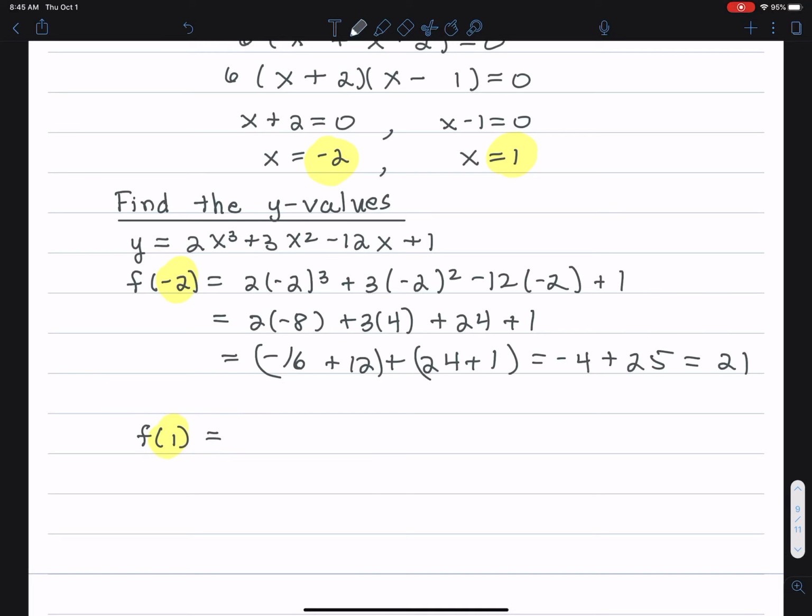Okay. So I'll have 2 times 1 to the 3rd power, plus 3 times 1 squared, minus 12 times 1, plus 1. This makes 2 plus 3 minus 12 plus 1. So that's equal to 5 minus 11, which is negative 6.